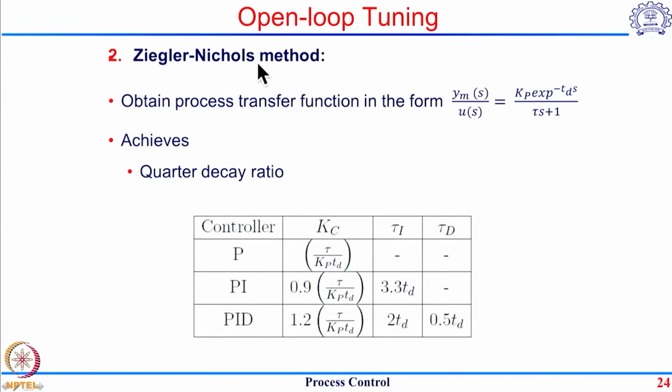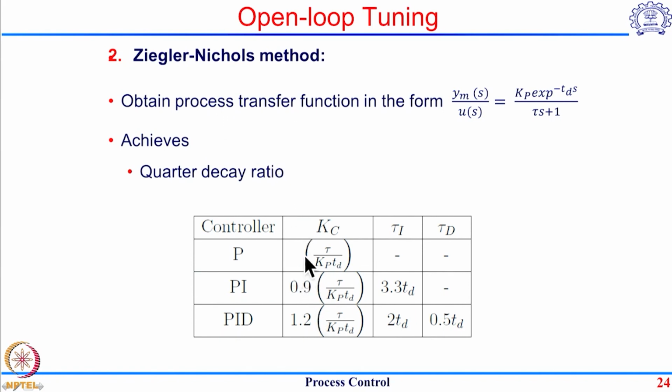Another method which uses open loop tuning is the Ziegler-Nichols open loop tuning method, and let me give you a word of caution that there is a very popular method by the same Ziegler and Nichols, which is a closed loop tuning method. That method is very popular. Just for the sake of completeness, I am giving you the open loop tuning method which has been proposed by them as well.